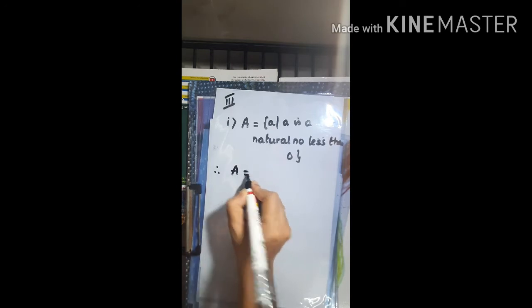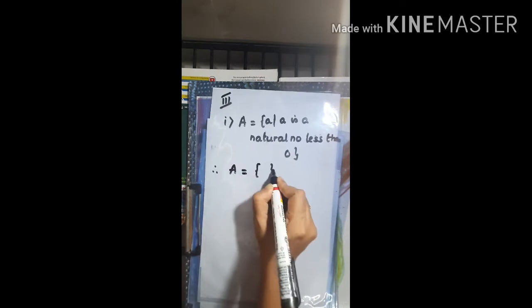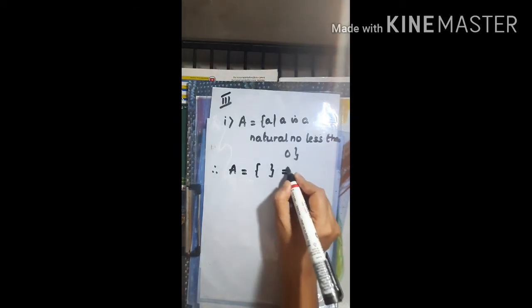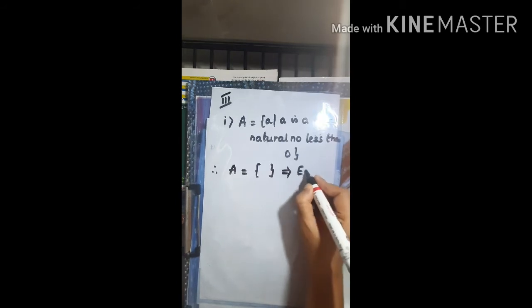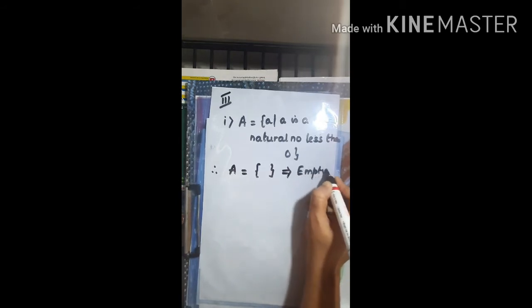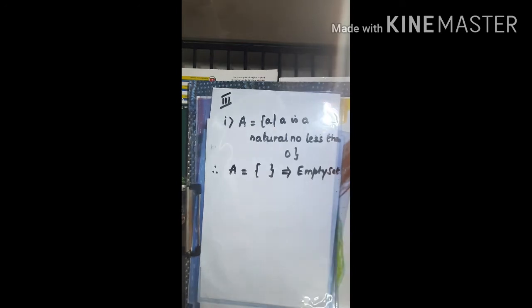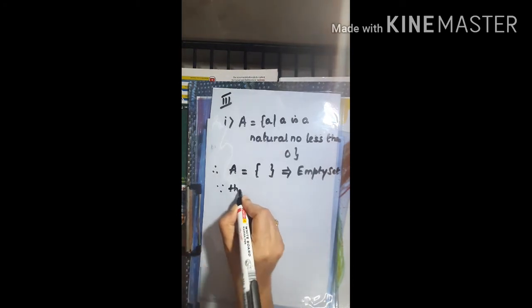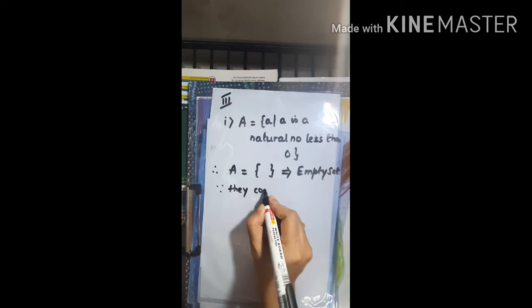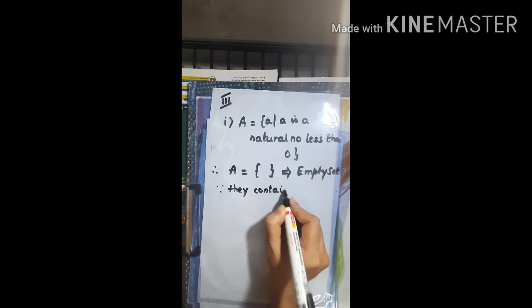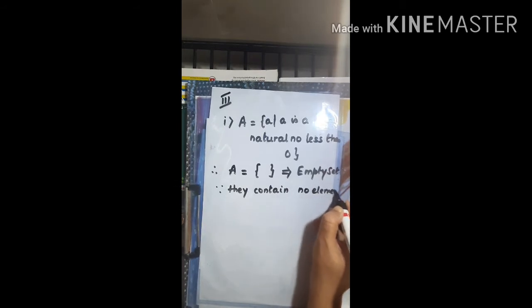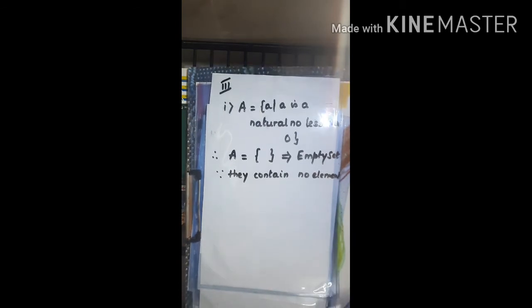Are there any natural numbers less than 0? No. So, A is an empty set, since it contains no element.